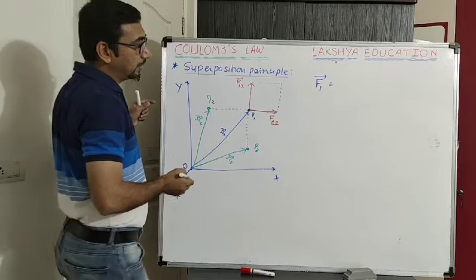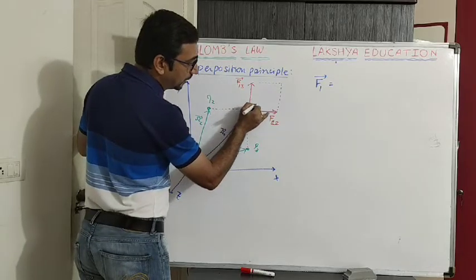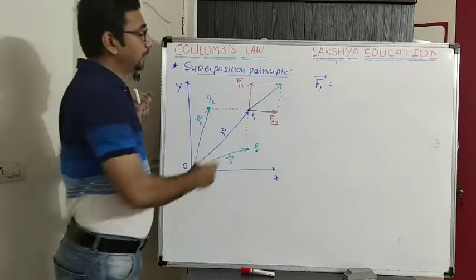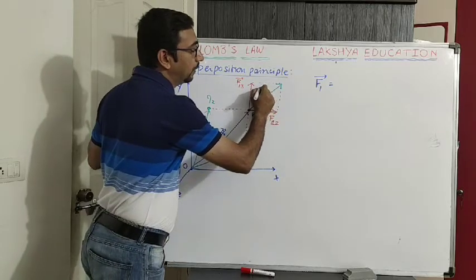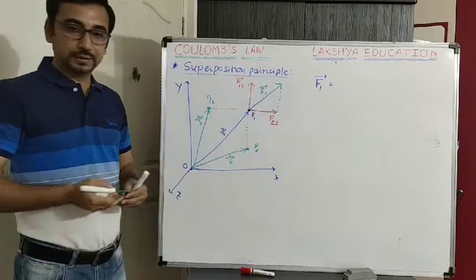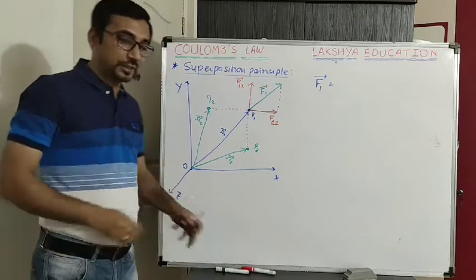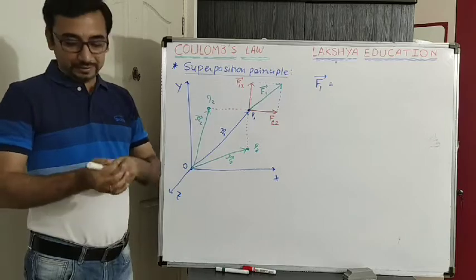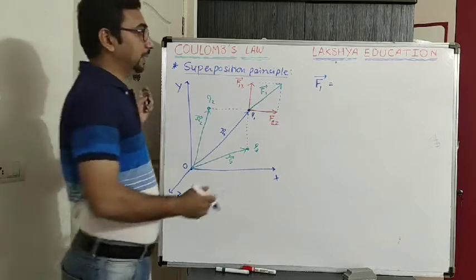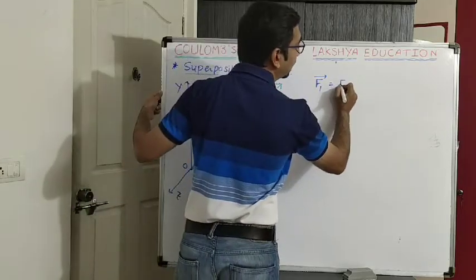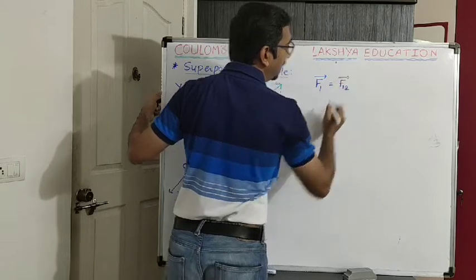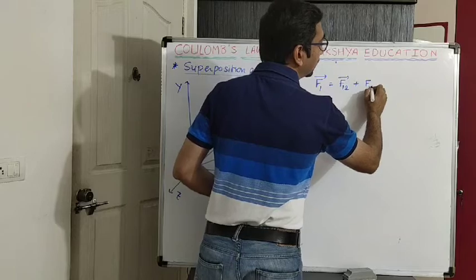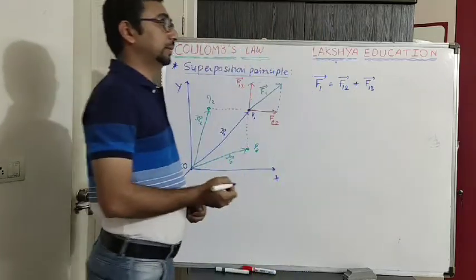If we take the parallelogram method, then we can easily find the resultant force acting on the first charge. So this is the graphical method to obtain the resultant force acting on the first charge. If we solve it mathematically, then F1 is equal to the force acting on first by second charge plus the force acting on first by third charge.